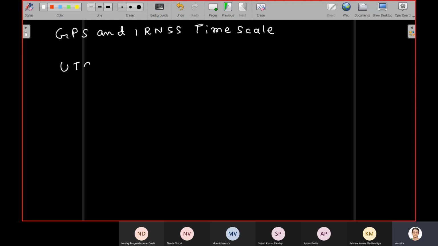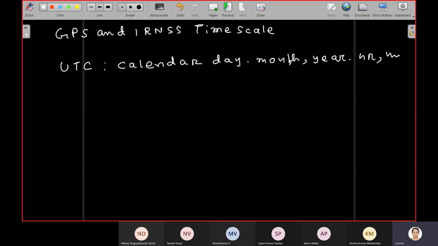UTC follows the calendar day format: day, month, year, hour, minute, second format. 1, 2, 3, 4, 5, 6, six fields are there. Now these two systems, GPS and IRNSS, have a different time scale with 3 fields.